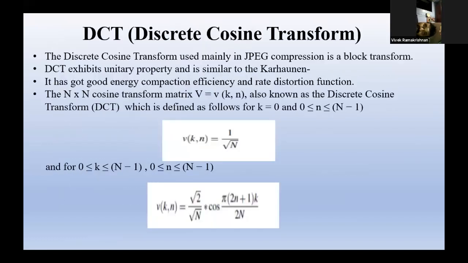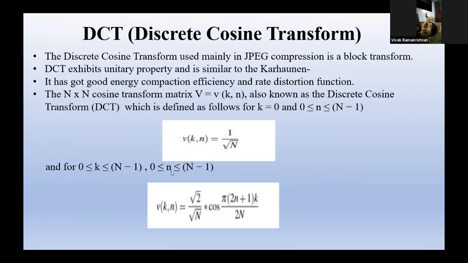So now why the discrete cosine transform? The discrete cosine transform is basically used in JPEG compression. It is a block-based approach, and the DCT exhibits the unitary property. It is similar to the Karhunen-Loeve transform. It has great energy compaction efficiency and rate distortion.